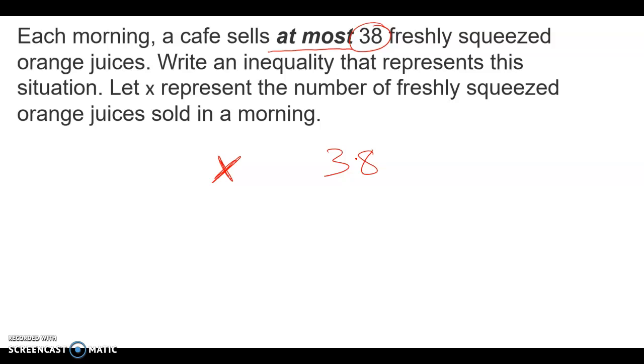So if the most that they can do is 38, that is an equal to. So if the most is 38, can they do 30 or do they do 40? If the most is 38, so 30, so it'd be less than or equal to 38. So on that one, your inequality would be x is less than or equal to 38 freshly squeezed orange juices.